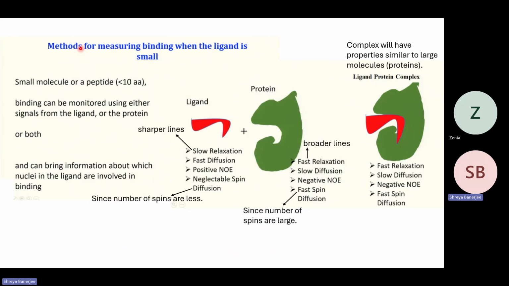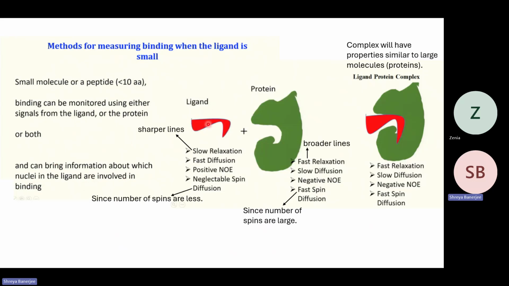So there are certain methods for measuring the binding when the ligand is smaller than the protein. So if the ligand is a small molecule or peptide of less than 10 amino acids, binding can be monitored by using either signals from only the ligand or signals from the protein or signals from both. And this can give information about which nuclei are involved in binding.